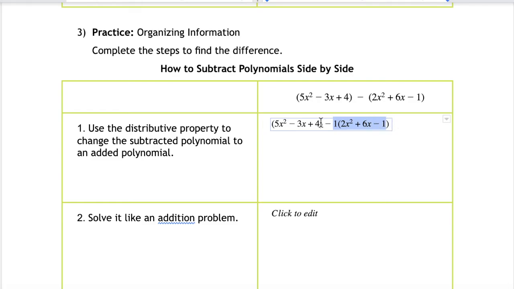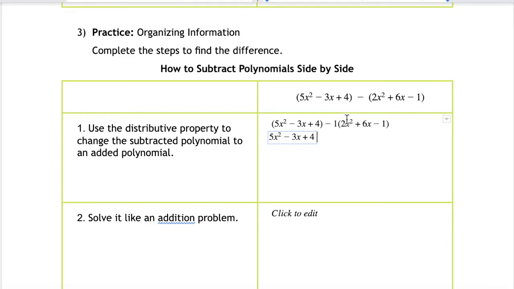Okay. So once I imagine this -1 in front of my subtracted polynomial, which is this polynomial right here, I'm going to distribute this -1 to every single term inside my parentheses. That means I'm going to multiply -1 to every single term in this second group. So let's try that. I'm going to keep this first group the same, and I'm going to get rid of my parentheses because I don't need them anymore. So 5x squared minus 3x plus 4. I'm going to start multiplying -1 with my first term in the second group.